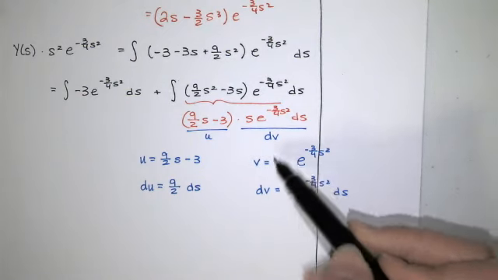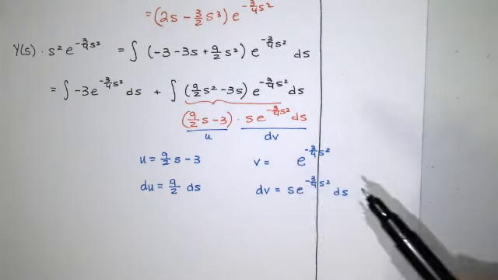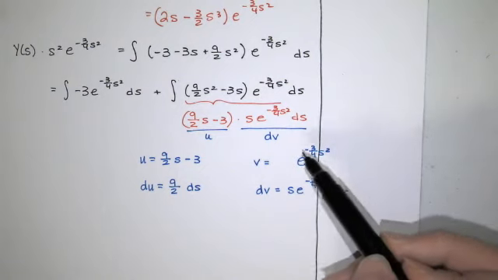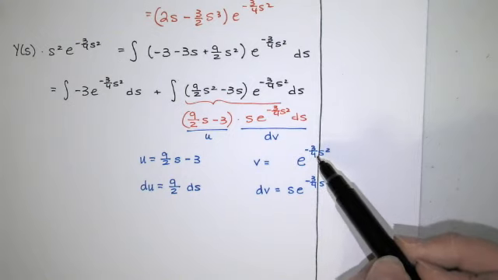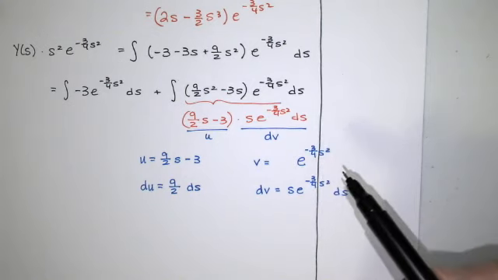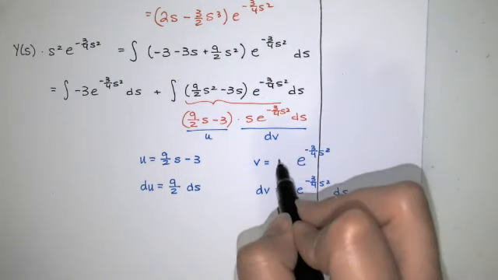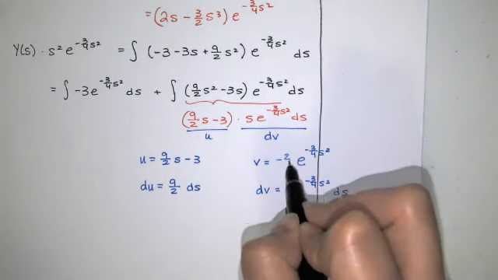So I just need to figure out what that constant would have to be so that this coefficient will be a 1. Well, the derivative of this would give me a -3/2 times s times this expression here. So it'd have an extra -3/2 factor out front. To compensate for that, I'm going to multiply by -2/3.